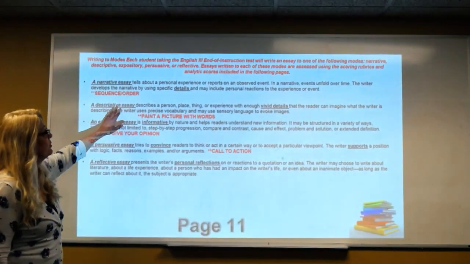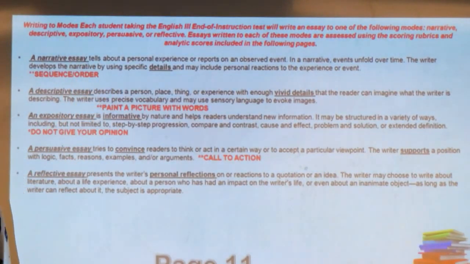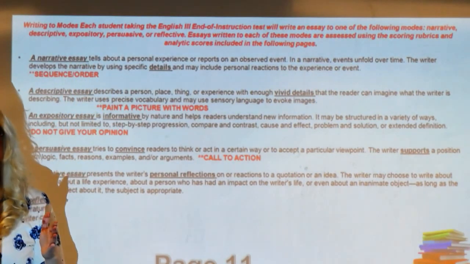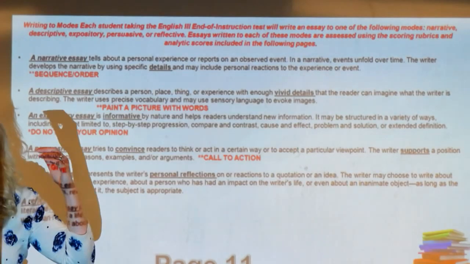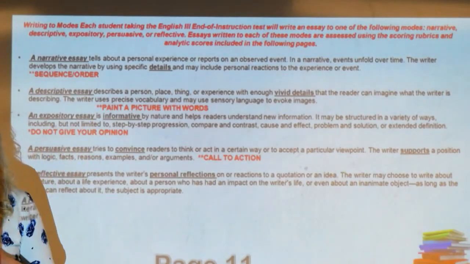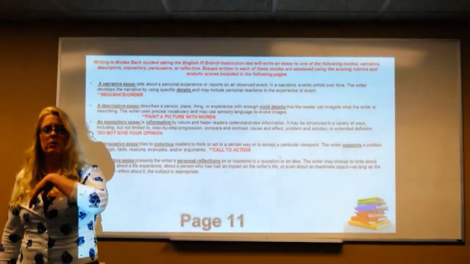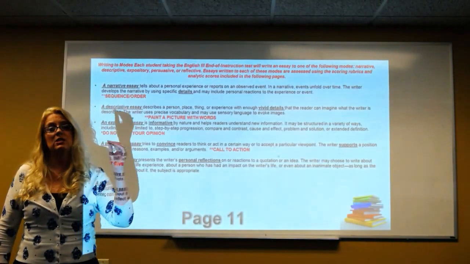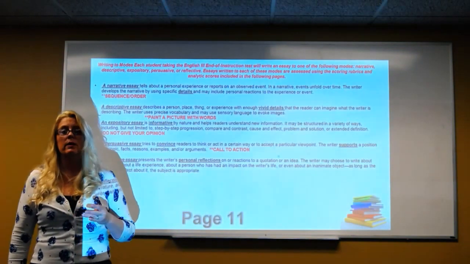Then I would also like for you to write underneath the narrative essay. One of the most important things to remember about a narrative essay is sequence or order. It is very important that a narrative essay go from beginning to end, A to Z, from front to start. Please, no flashbacks, no flash forwards, sideways, up or down. We need to go in sequence or chronological order and progress through the story.